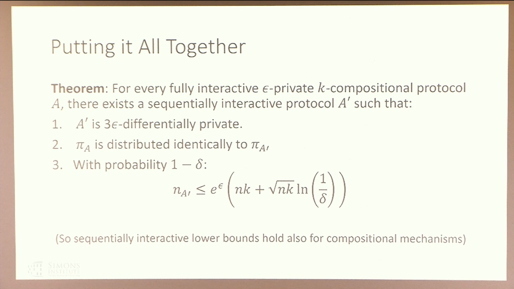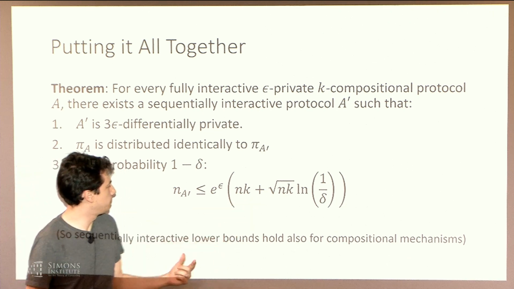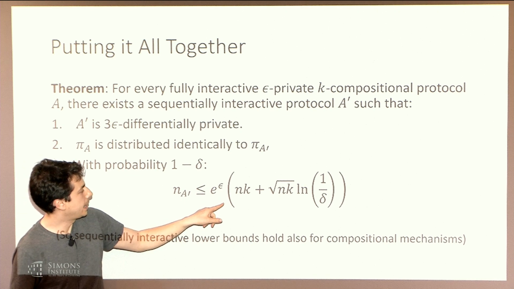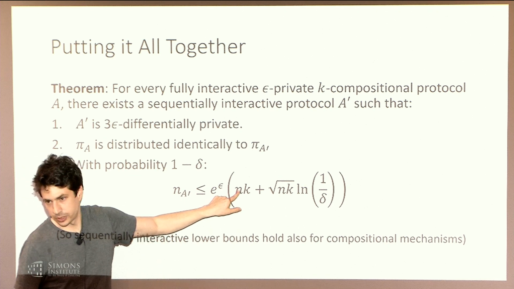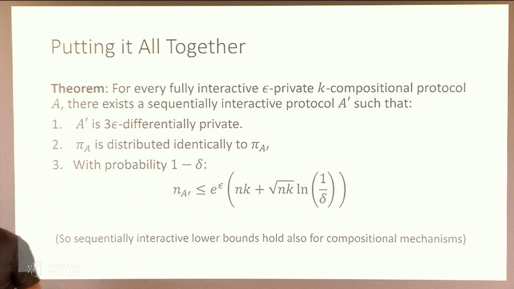Here's the theorem in the end. Okay, for any fully interactive epsilon private K compositional protocol, there's a sequentially interactive protocol A prime that is 3 epsilon private, produces exactly the same transcript distribution as the original protocol, and with high probability has, up to low order terms, sample complexity like the original sample complexity, larger by a factor of k and e to the epsilon.